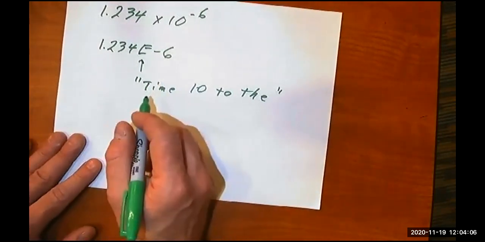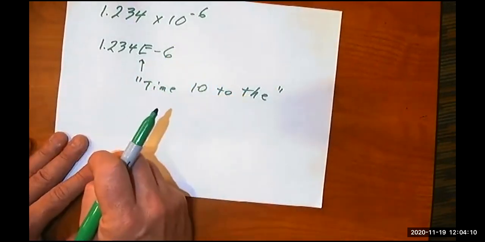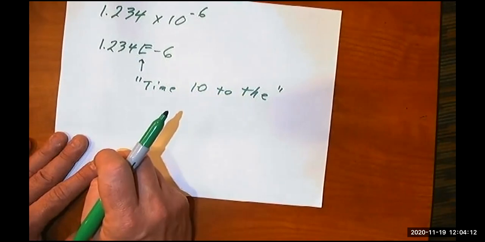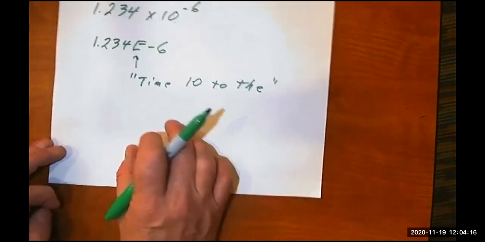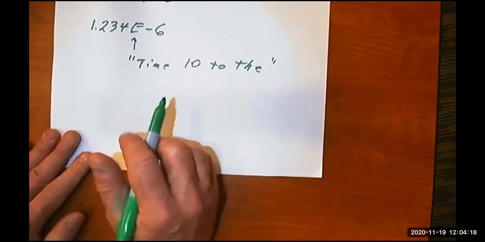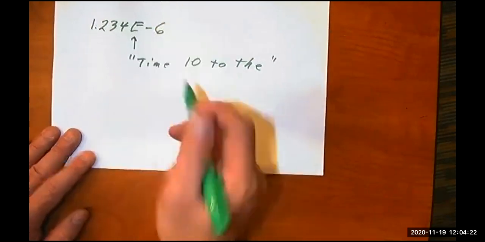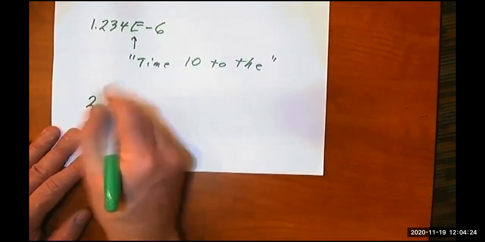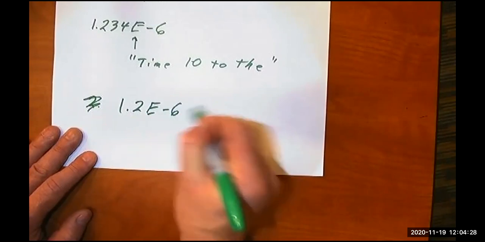Additionally, in every one of these cases, I'm going to specify the number of significant digits you need to use. You have to use exactly that number of significant digits in your answer. So if I tell you to report this number to 2 significant digits, you have to do it as 1.2e-6.